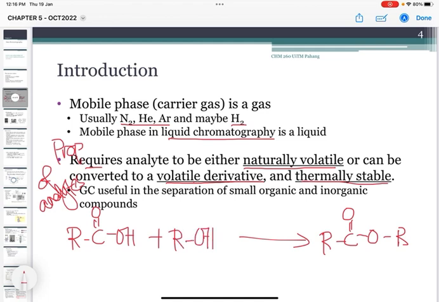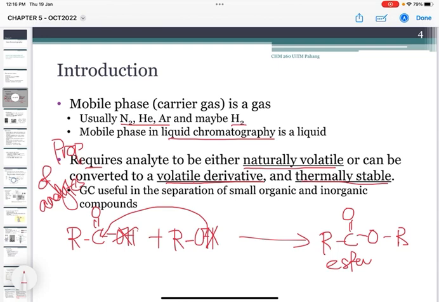Okay. So buang H ni, buang OH ni, kita attachkan ini dekat sini. Ni organik ya. Kita akan dapat ester. Ester is a substance yang normally has a smell. Kalau dia ada bau tu memang dia volatile.